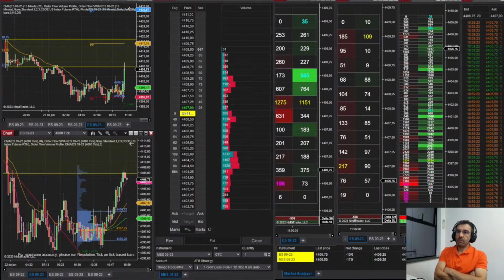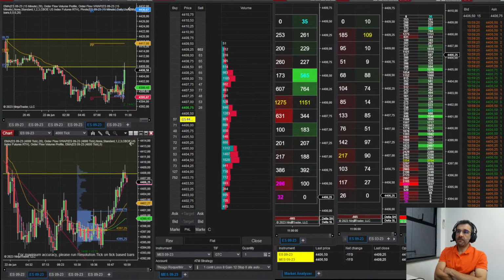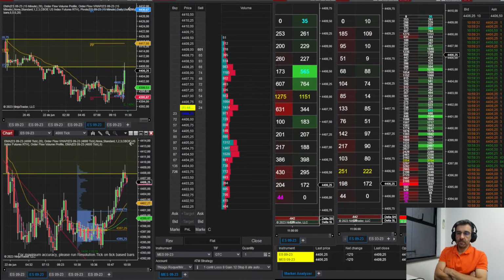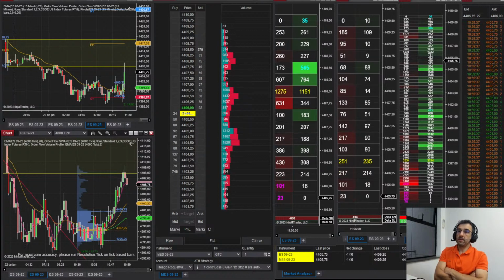Price moved. There was another exhaustion in 950. We're seeing a quick displacement. For a couple of minutes, we didn't see sellers putting prices down so easily.